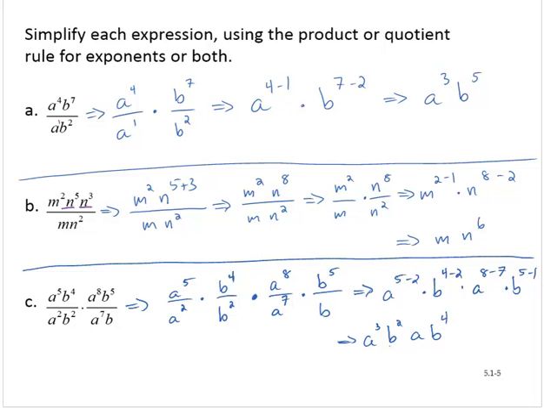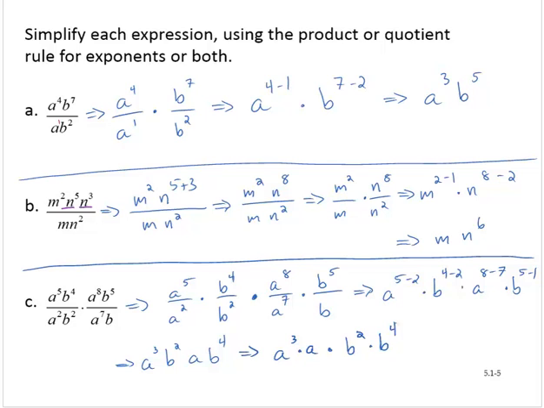Now notice we have factors of a and b, so let me rearrange them. That would give me a to the third times a times b to the second times b to the fourth. I use the commutative property to rearrange things.